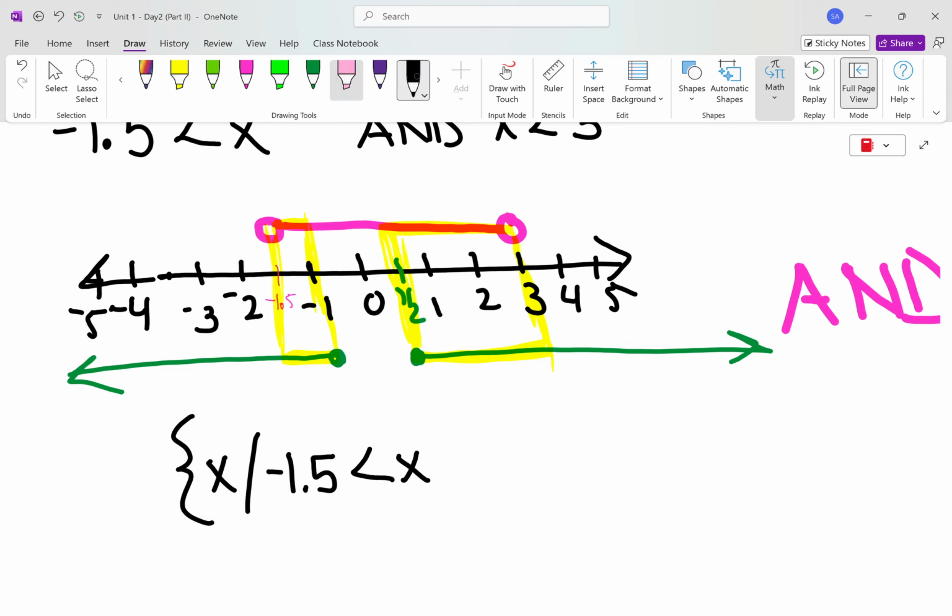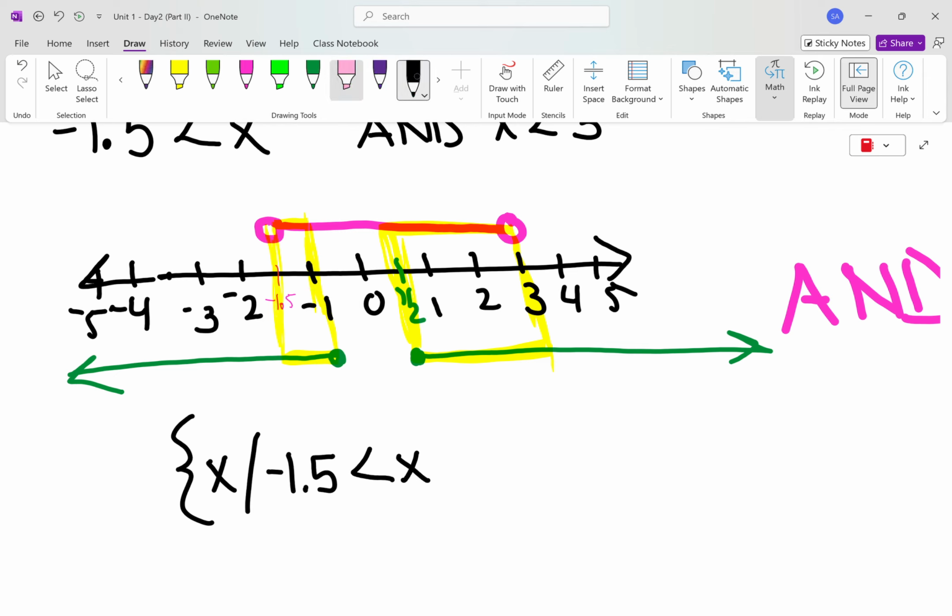But now there's a big gap in the middle, right? Between where we first overlapped and where we second overlap. Because there's that big gap in the middle, I can't use the word and. Because and means it would have to be in this and it would have to be in that, which isn't the case. So what connecting word do you think I have to put? Or. So it's in this solution, or it ends up being in this solution.